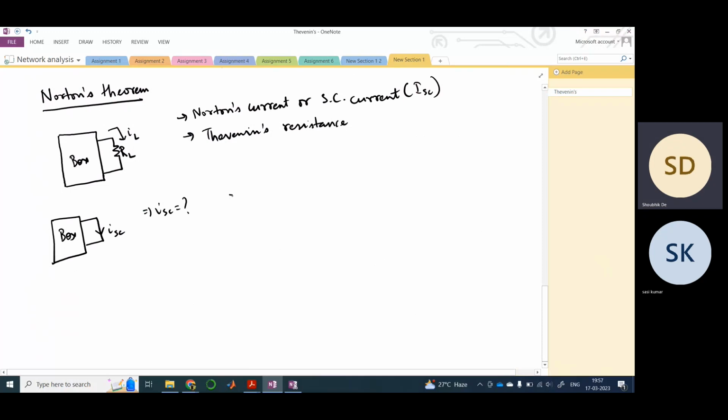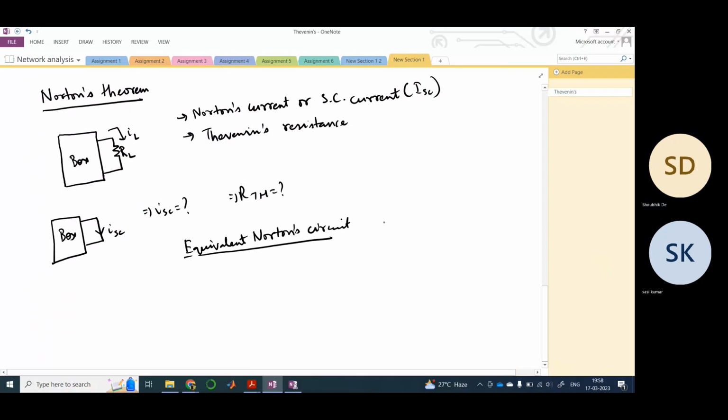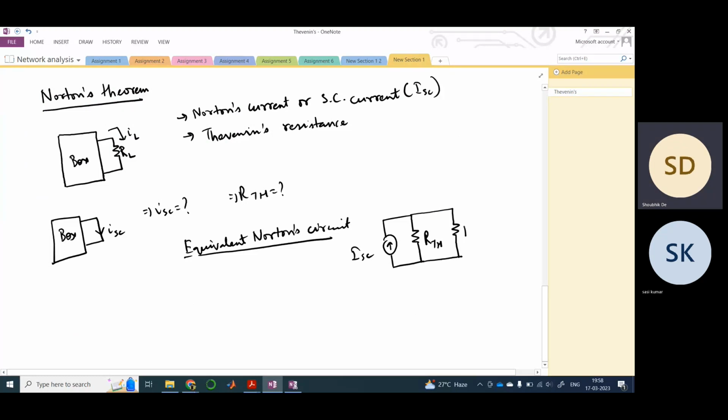So once you have ISC and RTH, your equivalent Norton's circuit would be something like this. This is your ISC, with RTH in parallel, and then this is your RL.